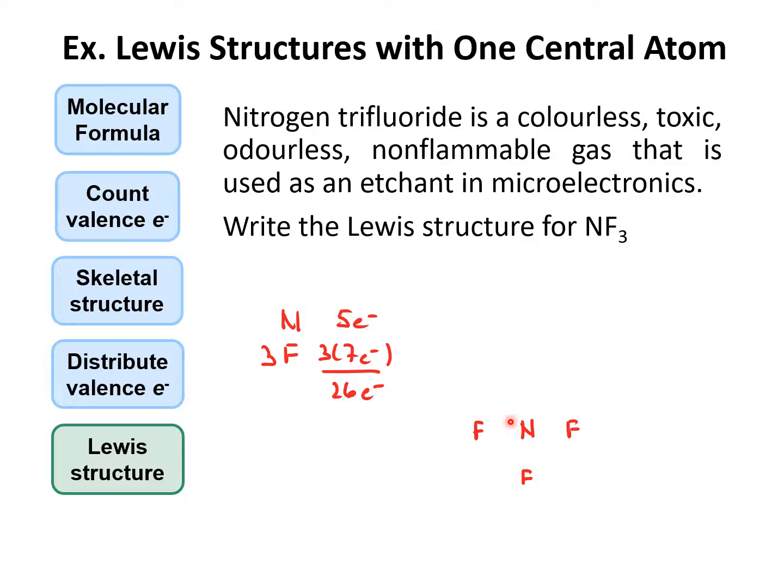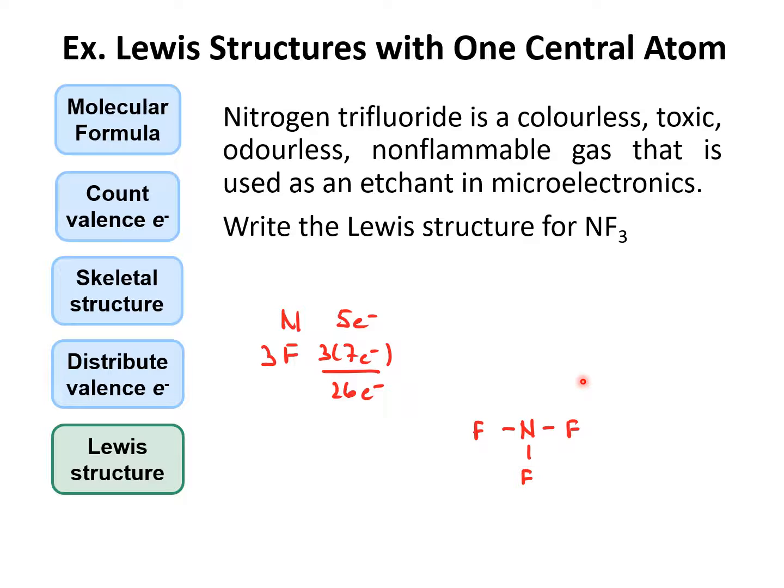The next step is to distribute our valence electrons. And the first part of this is to connect our atoms with bonds, like so. And so we have 1, 2, 3 bonds, and each bond is formed from 2 electrons, and therefore we have 2, 4, 6 electrons.